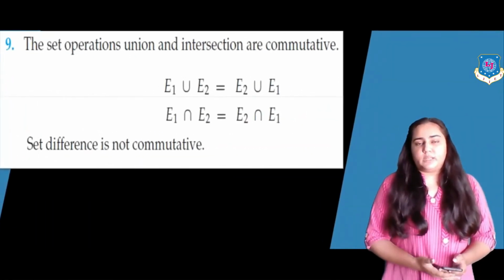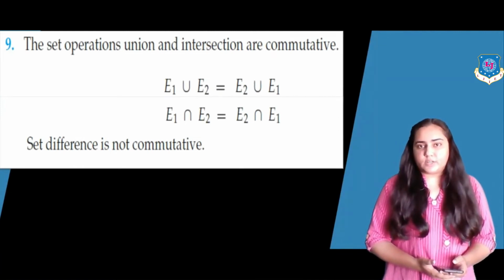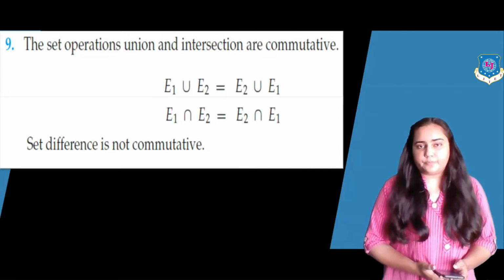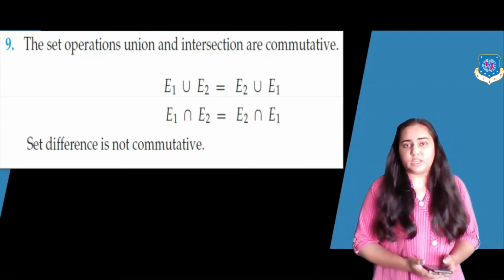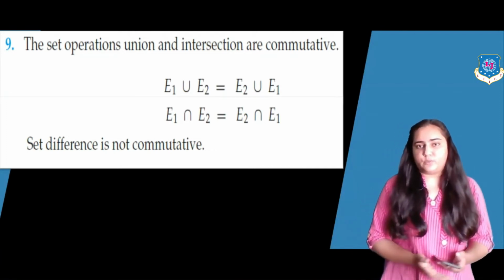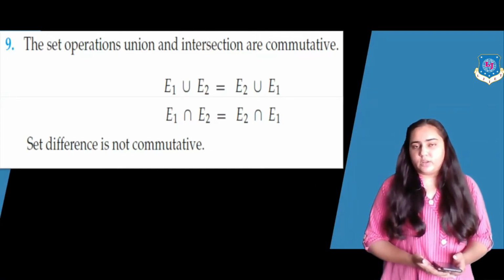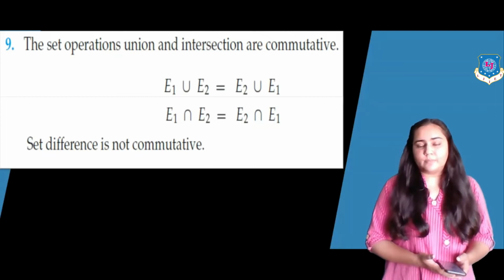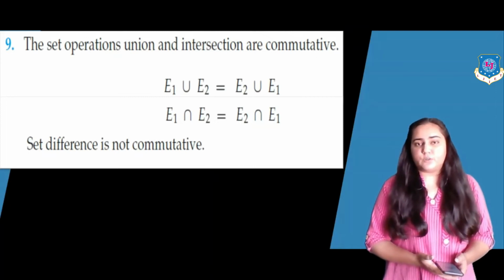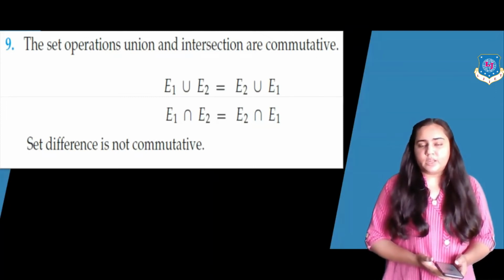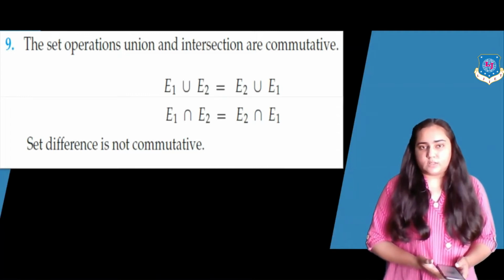Rule number 9 says that set operations, that is union and intersection, are both commutative, which means if you do E1 union E2, where E1 and E2 both are tables, you can also do E2 union E1, giving you the same result. And similarly, if you do E1 intersection E2, you can also do E2 intersection E1, giving you the same result.